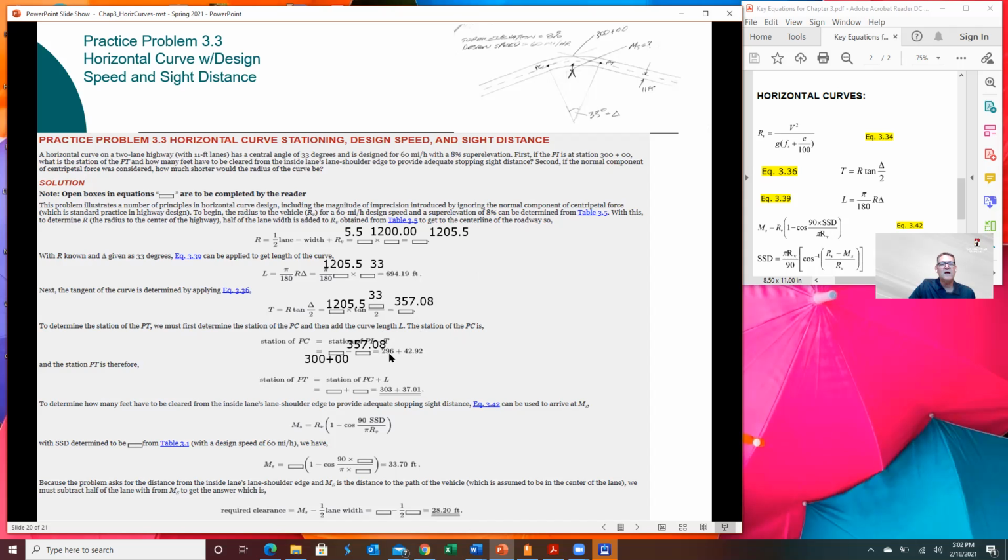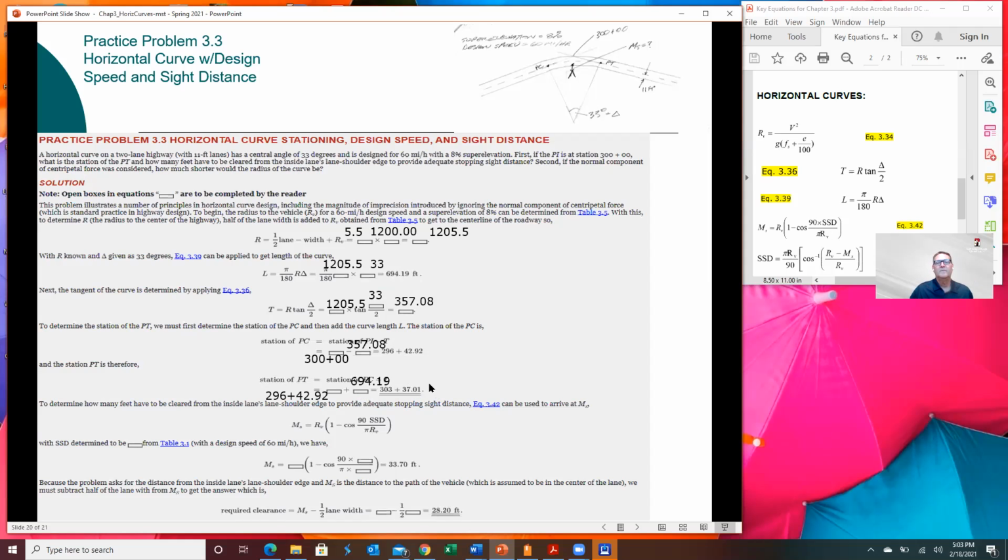So if you do that arithmetic, you get 296 plus 42.92. And then to get the station of the PT, you add the length of the curve to the station of the PC. So you add the station of the PC, which you've just calculated, and you add the length, which you calculated up here, and you end up with 303 plus 37.01.